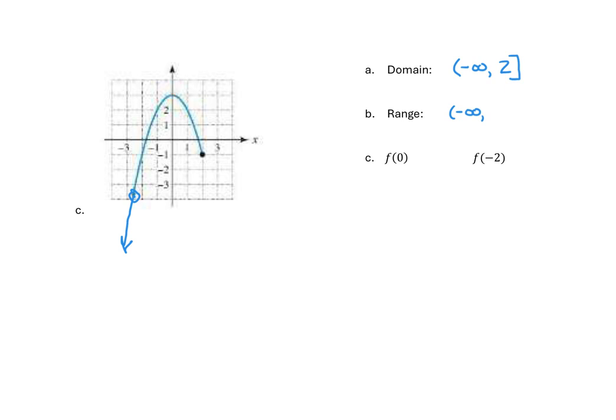We do turn around, but remember that with range, we only care about how far up. We don't really care about left and right, but we go up to this point. This point has a y-coordinate of 3. It is included, and so we do want to use a bracket.